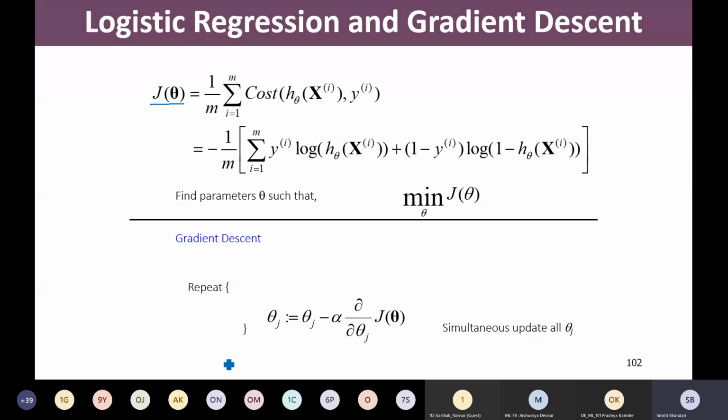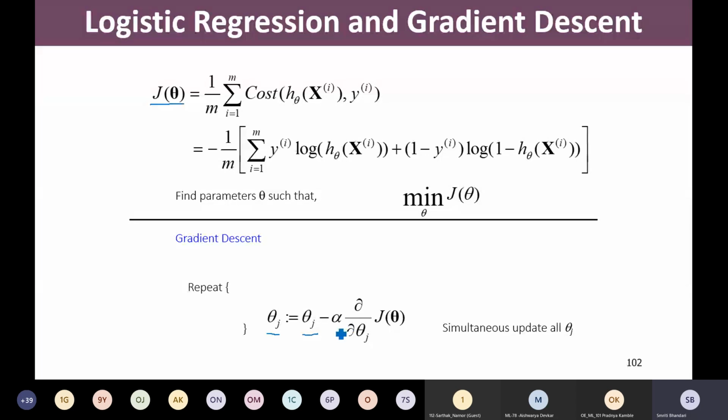If we apply gradient descent, which we have seen earlier, we iterate, and in every iteration we update the value of every parameter theta j. So we have a loop here: repeat until convergence, theta j is equal to theta j minus alpha times the partial derivative of J of theta. This is our simple gradient descent.